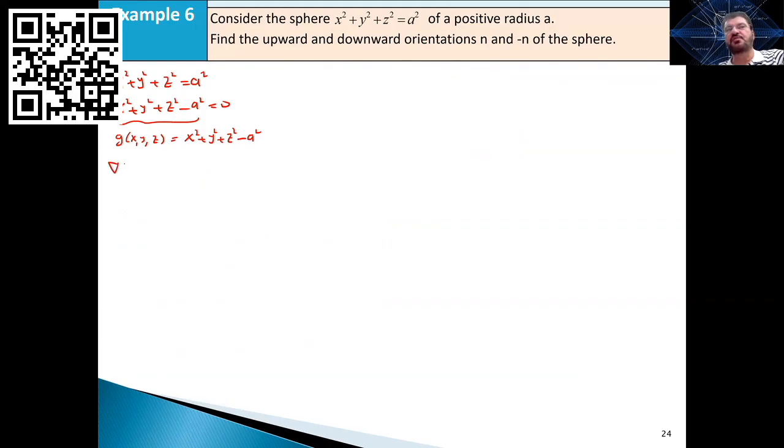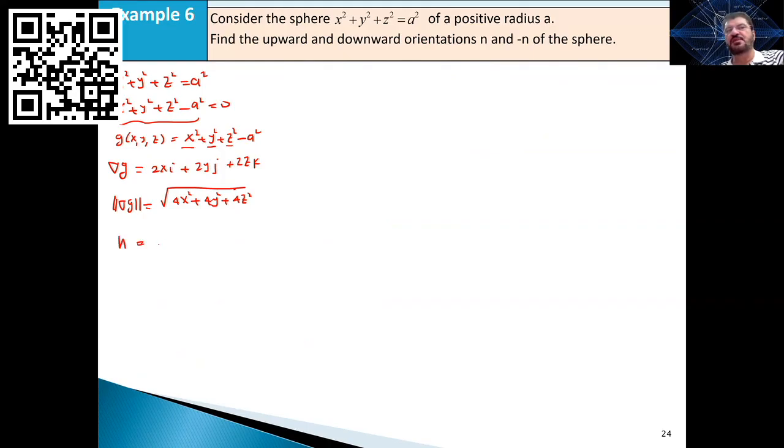Now, what's the gradient of g? It's the partial derivative with respect to x, which is 2x i. The partial derivative with respect to y is 2y j. The partial derivative with respect to z is 2z k. The magnitude of the gradient is the square root of 4x squared plus 4y squared plus 4z squared.